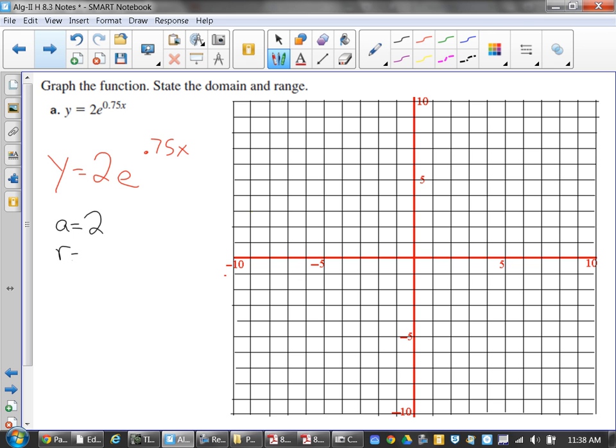My r is 0.75. Is it positive or negative? So it's increasing, so I know it's got to do this. Is there an h or a k? No. So where's your only asymptote? Zero. So I know that's got to be there. Where's my y-intercept? 2.